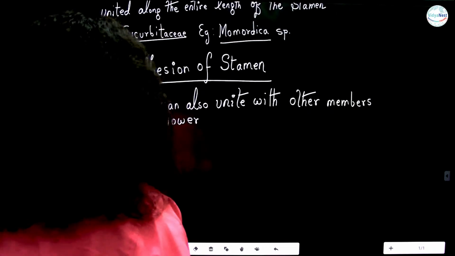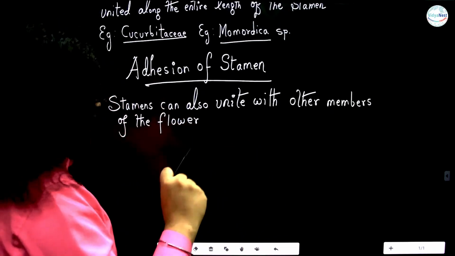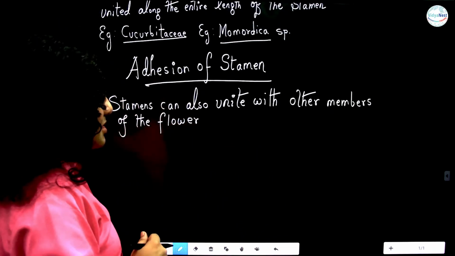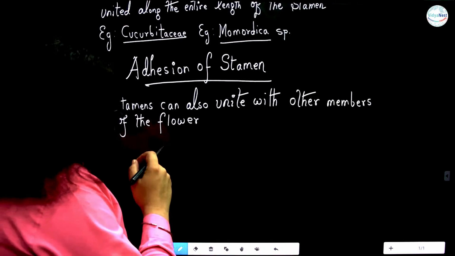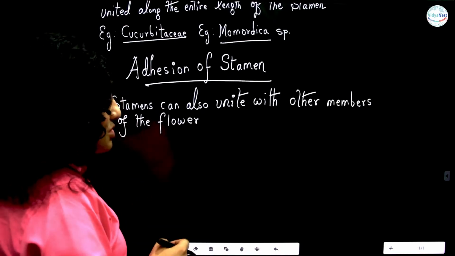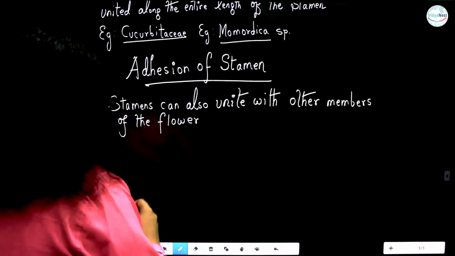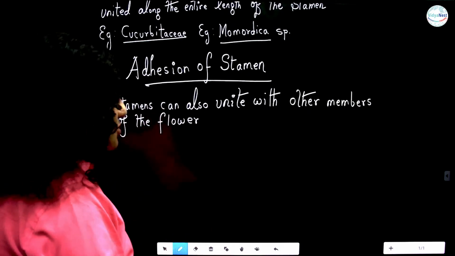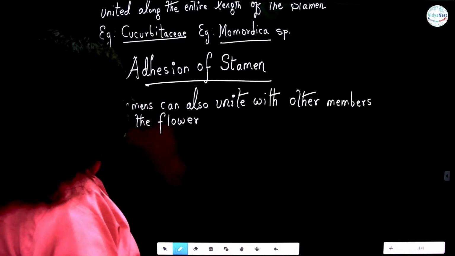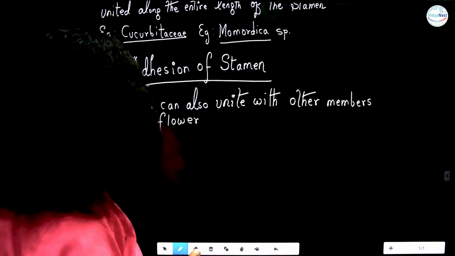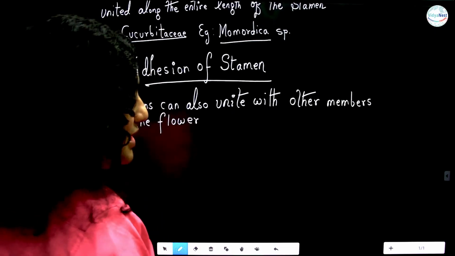Adhesion of stamen. So when the stamens are joined with or united with one another, that is known as cohesion, and that is also technically known as adelphi. While when stamens are joining or united with some other members of the flower, that is some different floral members, then the condition is known as adhesion of flowers.